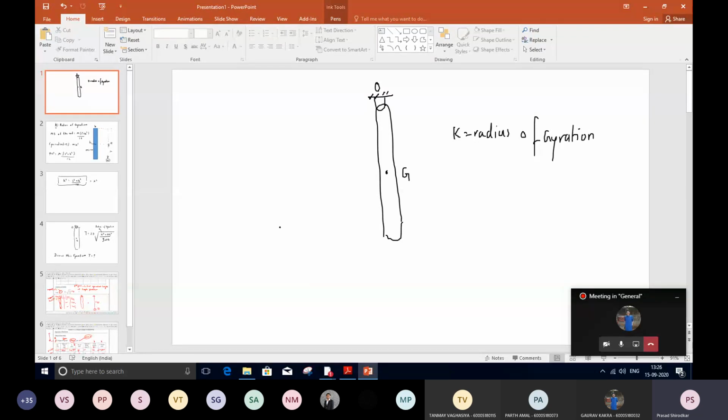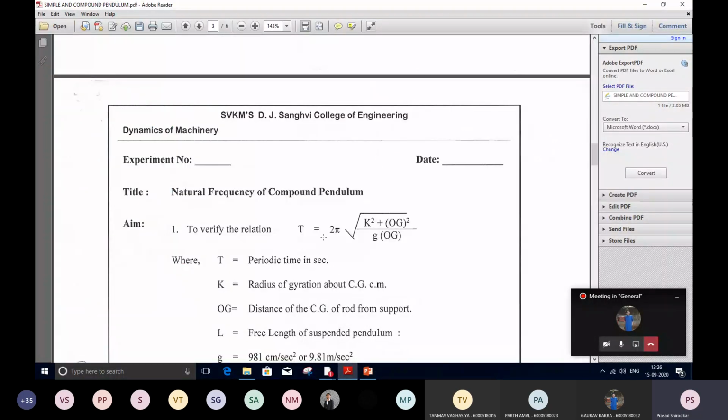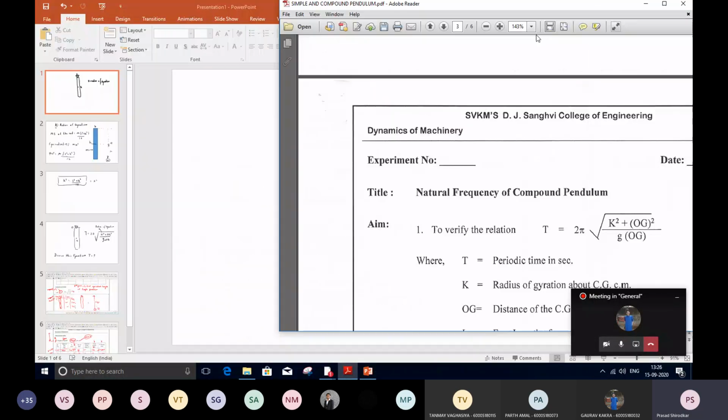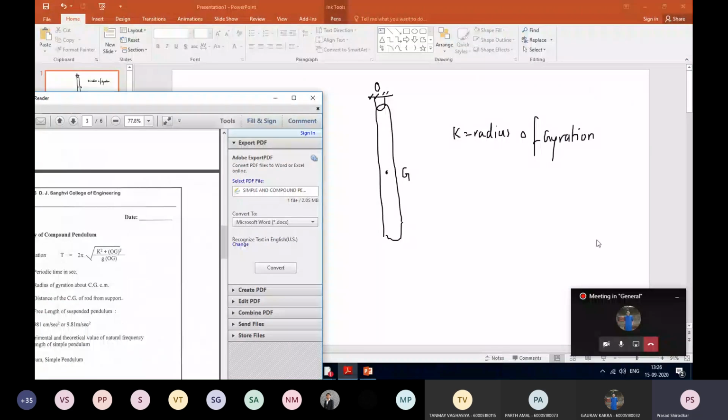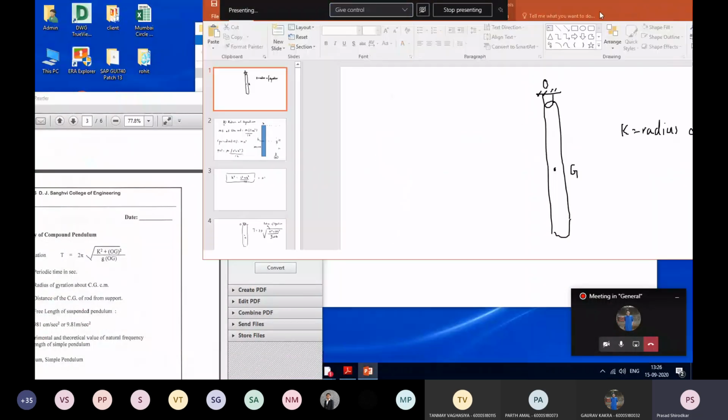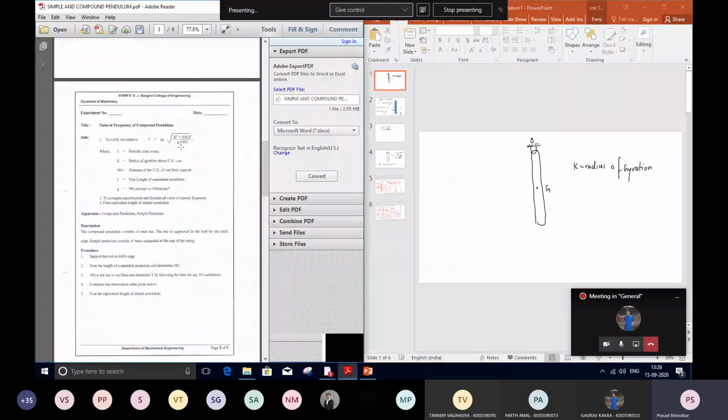Alright, so for this compound pendulum, we have to prove the relationship that is there in this manual. T is equal to twice pi into root of k square plus OG square divided by G times OG.